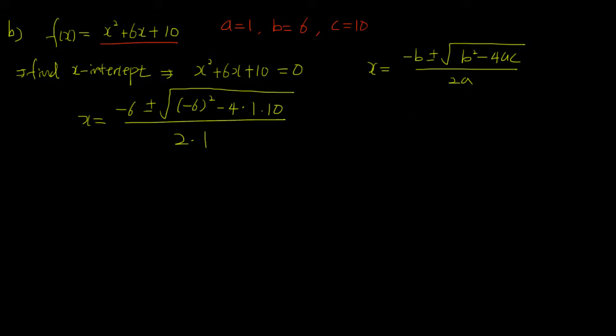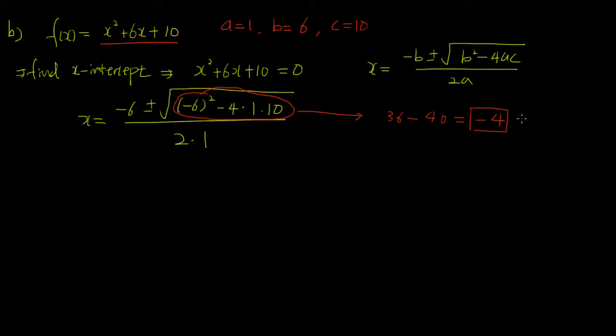So let's take a look at the part inside the square root, right? I told you this is what's called the discriminant. So let's simplify that on the side. That would be negative 6 squared, which is 36, minus 4 times 10, 40. Which is negative 4. That's a problem, right?